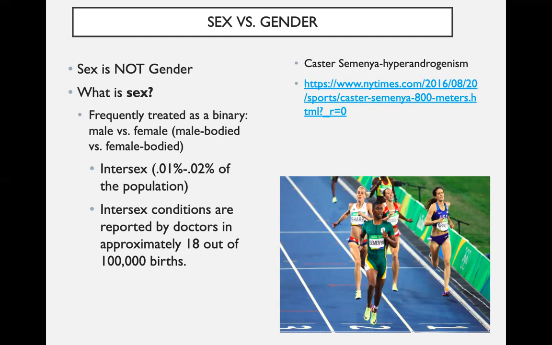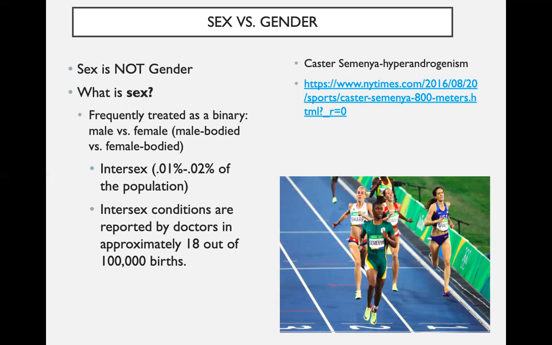And although we treat this like it is a perfect binary, it is in fact not. People can vary away from that binary along all three of those characteristics I just said. So they can have sex organs that don't represent that perfect binary. They could potentially have some aspects of both sex organs.